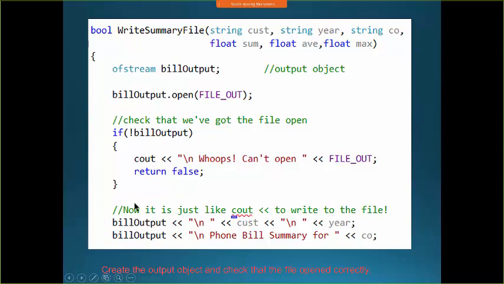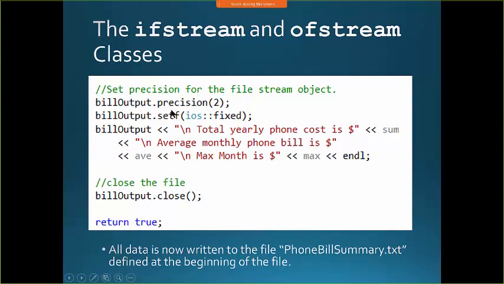And then down here, if we successfully opened it, we're just going to write everything we want. It says bill output customer. We brought in a customer, so we output that. Then the year, and then we output who the bill summary is for and what the company name is. Then we set the precision, ios fixed, and put dollar signs in front of everything to output the sum, the average, and the max.